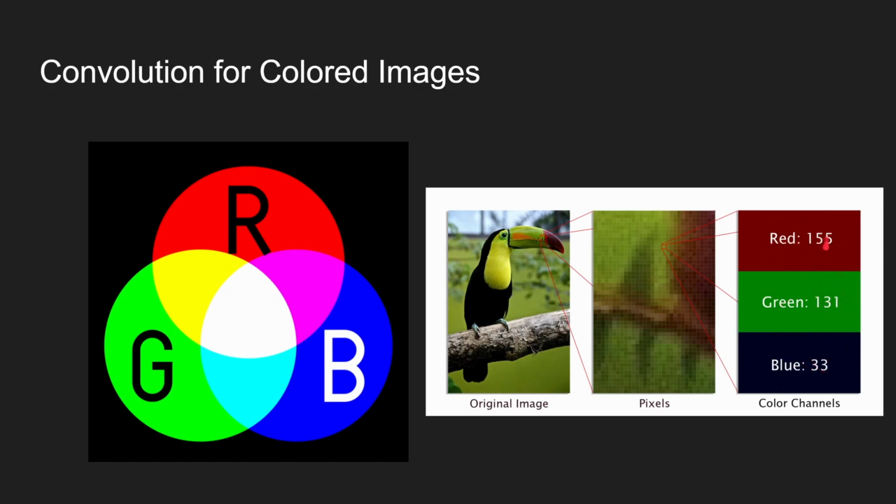These numbers indicate the intensity from 0 to 255, right? Wait, actually, sorry. I think it's the other way around. Okay, so this means that we'll actually have 3D matrices: one matrix for red, one matrix for green, and one matrix for blue. So this will create a 3D matrix for this image, right?